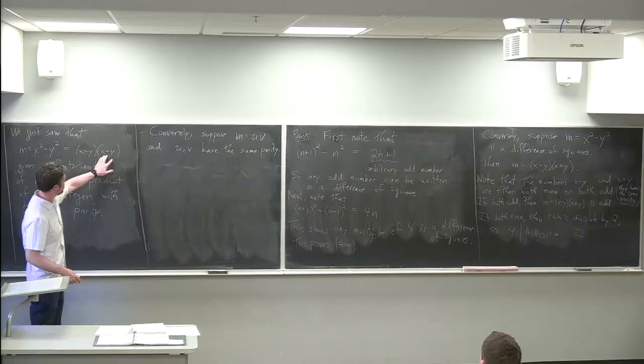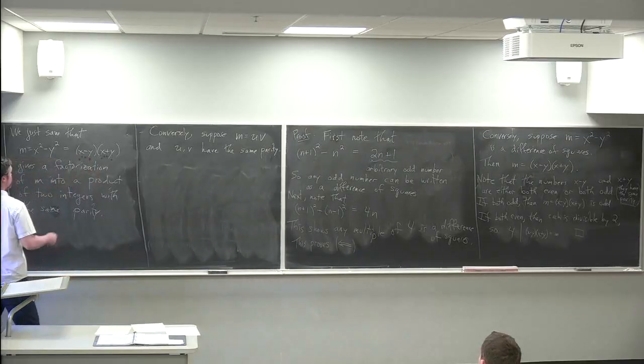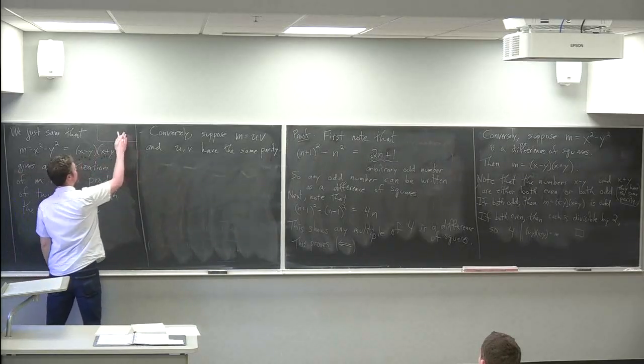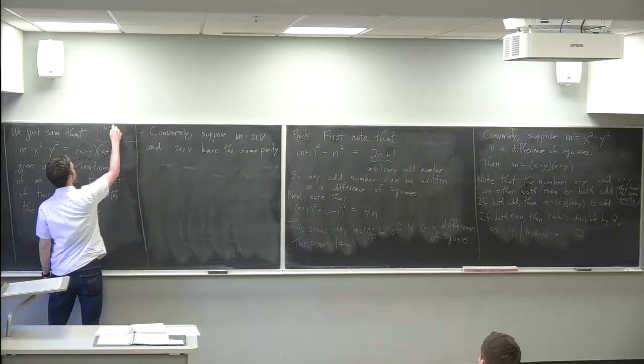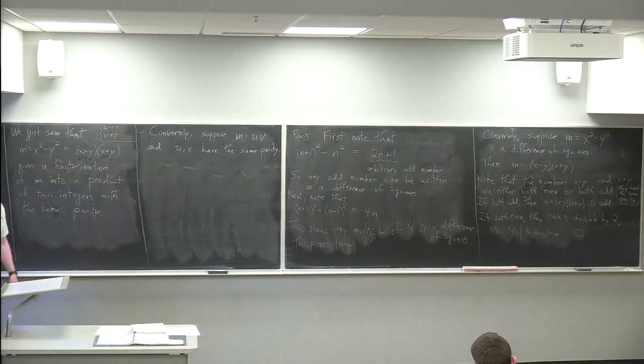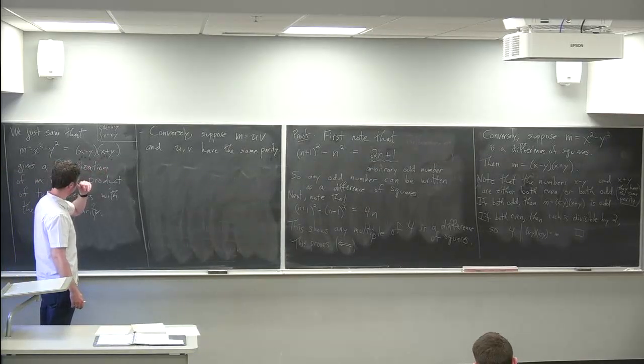So think of u as x plus y, and v as x minus y, and you want to know how to find x and y from that situation in terms of u and v. I'm just writing this on the side as a little scribble: u is x plus y, v is x minus y, and think of that like a system of equations. You want to solve for x and y in terms of u and v. Okay, and it's possible to solve that and express x and y in terms of u and v.